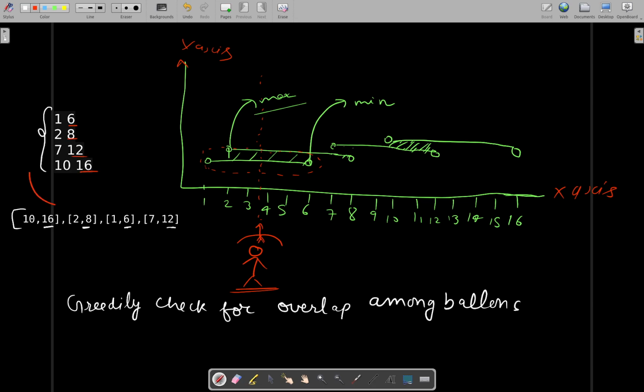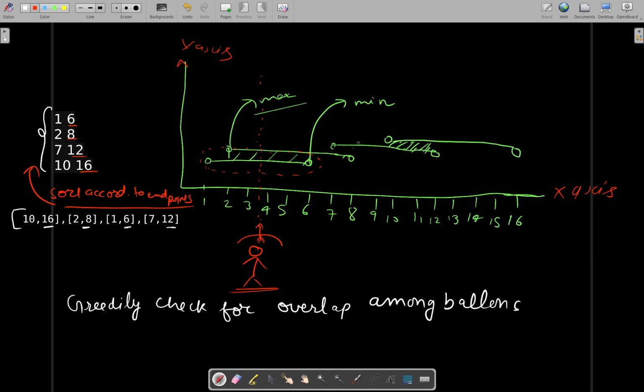So we will sort this according to endpoints. Once you have sorted the array according to the endpoints, then you will find how many balloons are there that are not overlapping with each other, or how many sets are there that are not overlapping.